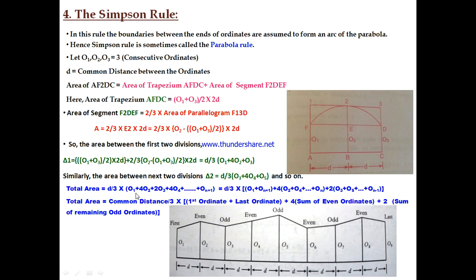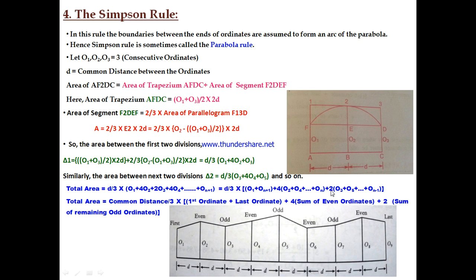ordinates O1 plus 4 O2 plus 2 O3 plus 4 O4, like this up to O(N plus 1), which we can further calculate as follows. See here, we take common 4, and all the even ordinates are inside.